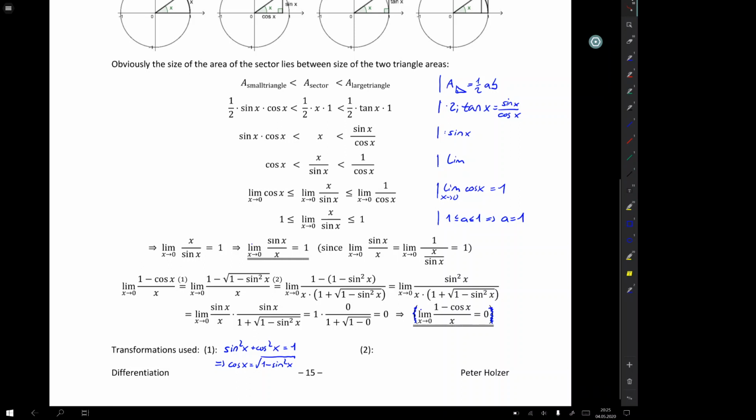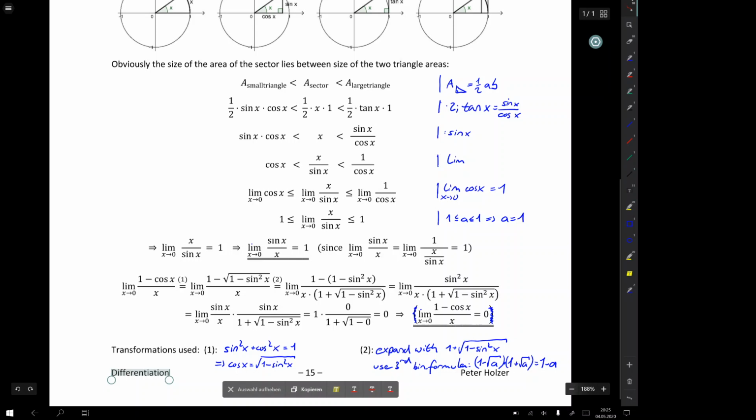Well, we just apply the third binomial formula. We expand by this whole expression. And when we expand this here by this, we have exactly the third binomial formula, a minus b times a plus b.